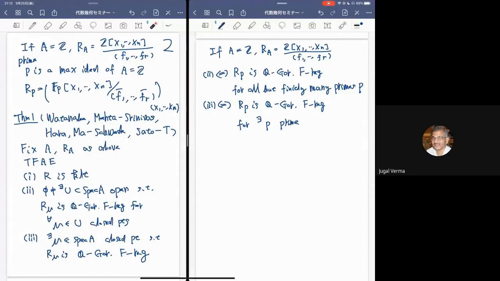I cannot explain the proof of this theorem, but let me explain the history. First, 2 implies 3. This is clear, trivial. 2 implies 1: this part was proved by Watanabe, maybe in the 1990s.